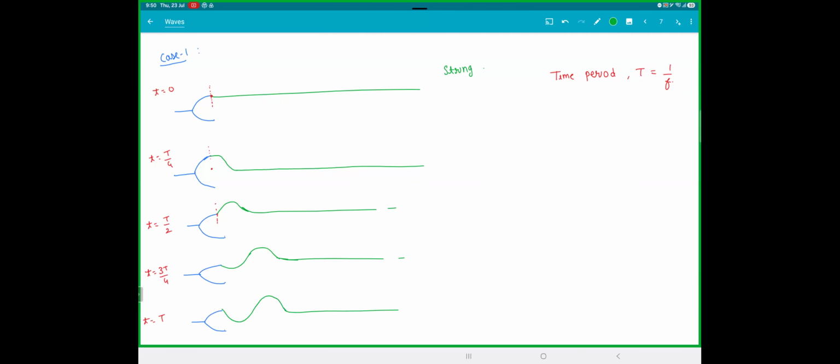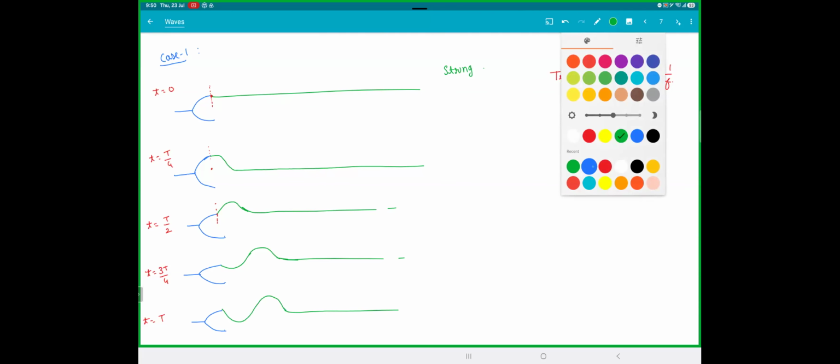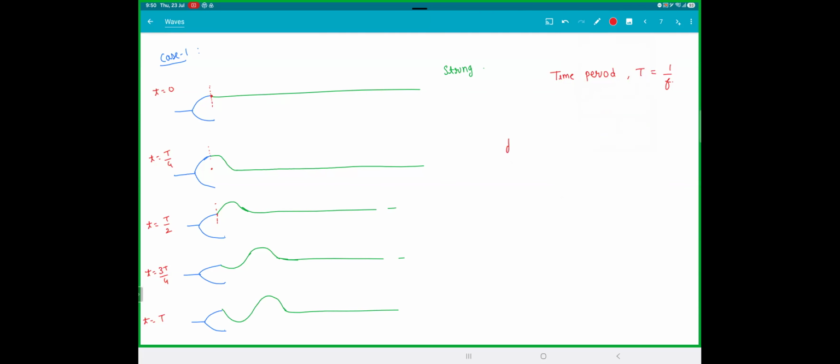So the wave is continuously moving forward. So basically, in one oscillation of the tuning fork, you get one wave. So frequency of the wave is the frequency of the tuning fork.